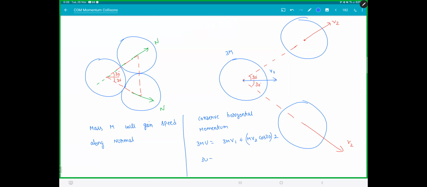So this will be 3u is equal to 3v1 plus v2 root 3. This is your equation 1. Vertically, there is no need to conserve momentum because the vertical components will anyway cancel. It was symmetrical, so it works out.